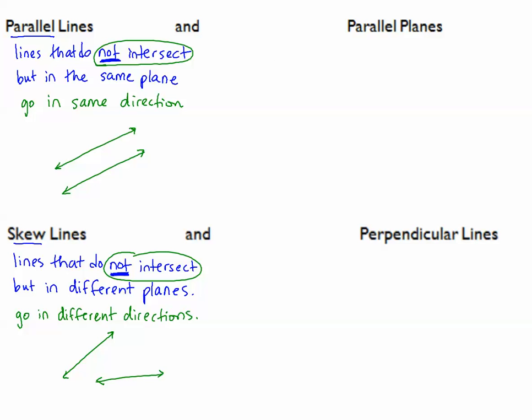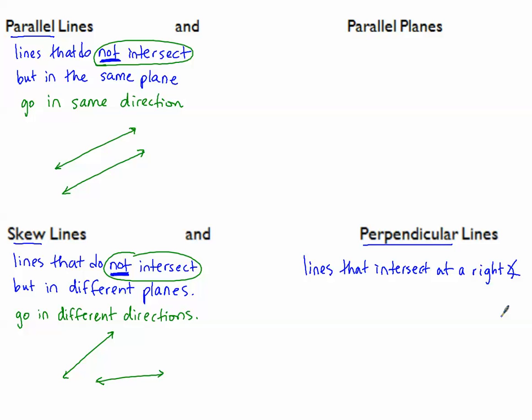Let's talk about parallel planes and perpendicular lines. Now, on the lines, parallel lines, skew lines, perpendicular lines, staying on that track of lines, these are lines that intersect at a right angle.